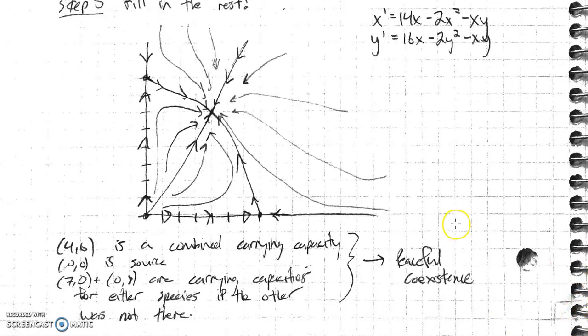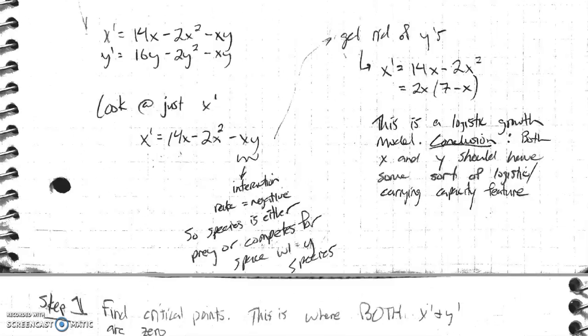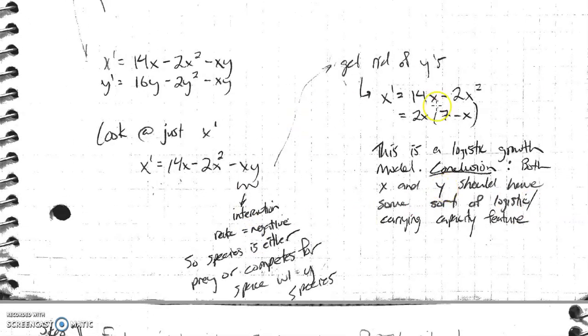Sorry, interrupted again. What I was saying goes back to the original thing that I said right here. When I was doing this analysis of x, get rid of the y's. What do I get? I get logistic growth. I get this thing right here. I get a carrying capacity at 7 in this thing.